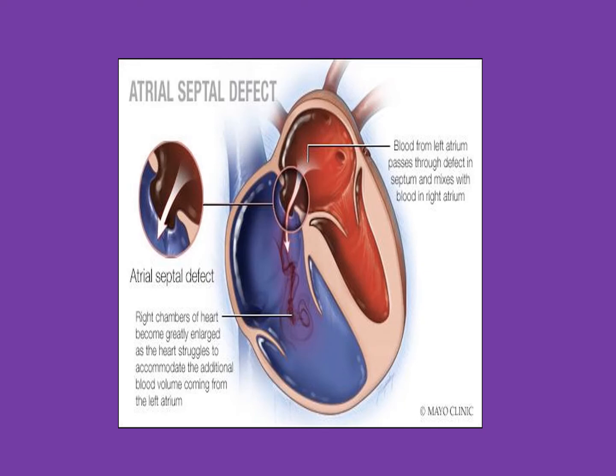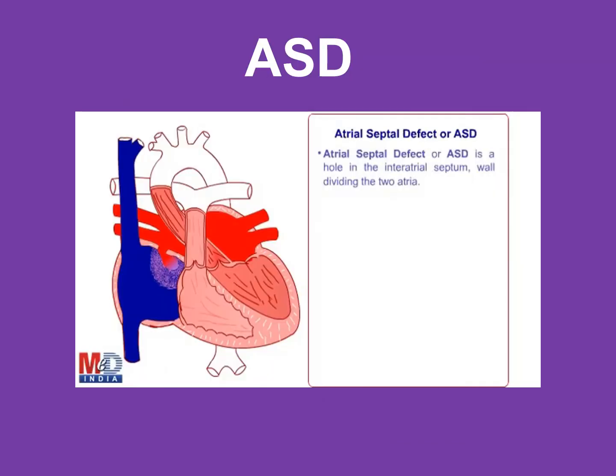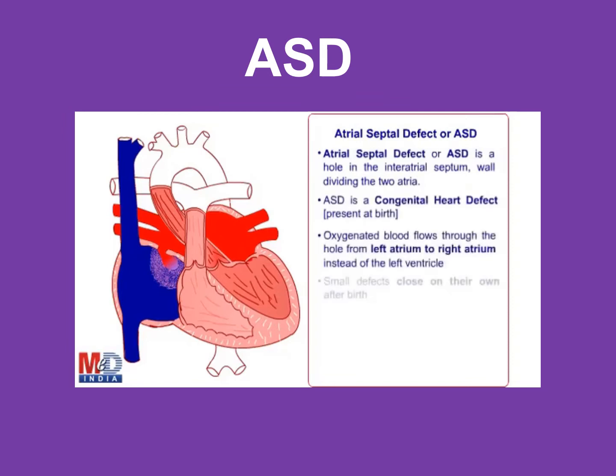So you can see here the atrial septal defects. In general, an atrial septal defect is a hole in the interatrial septum, or the wall dividing the two atria. It is a congenital heart defect, so oxygenated blood flows through the hole from the left to the right atrium instead of the left ventricle.